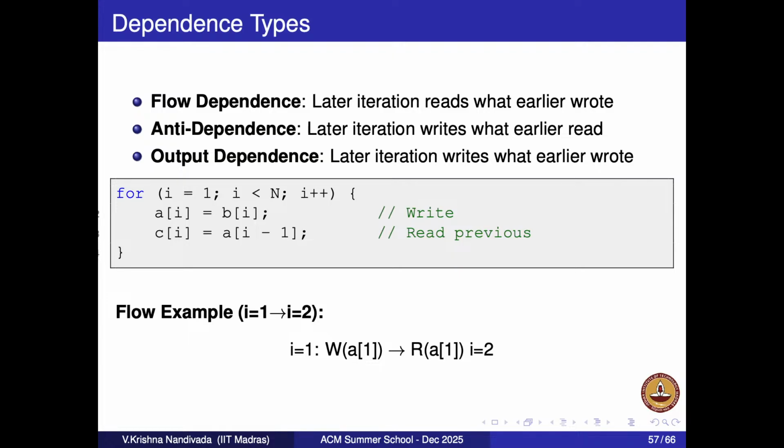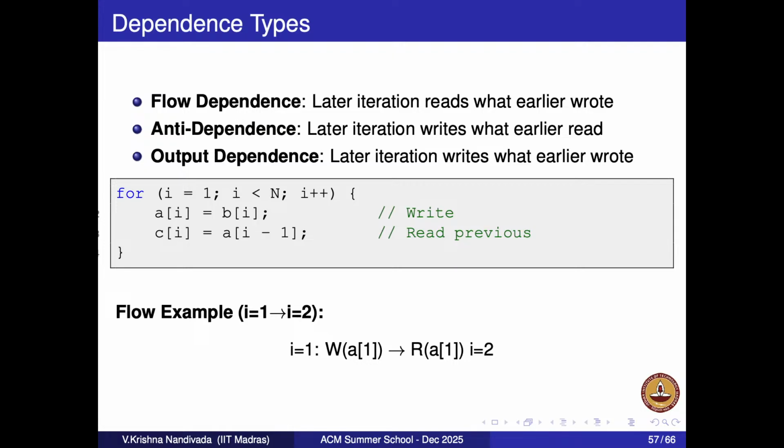If I equal to 2, I am reading a sub 1. In I equal to 1, I am writing to a sub 1. If this was to run in parallel, what would happen? In iteration 2, I may be reading the a sub 1 written in iteration 1, or the old one. Am I making sense?